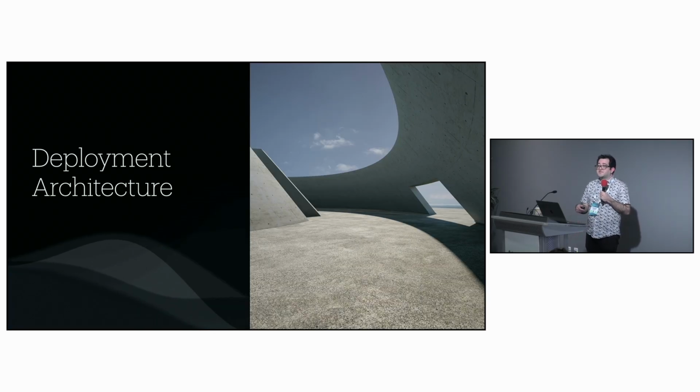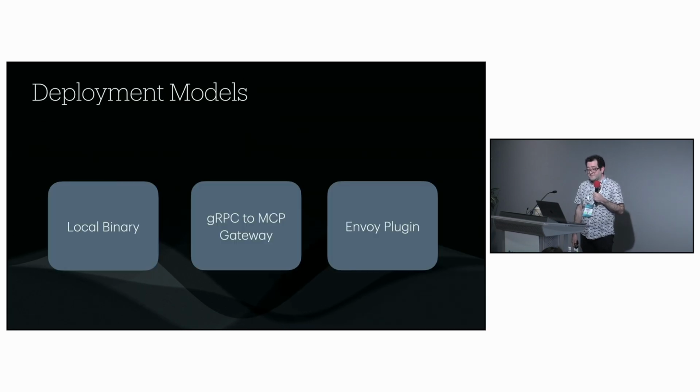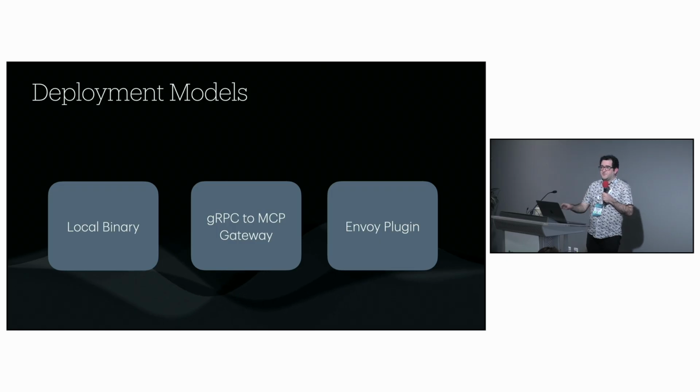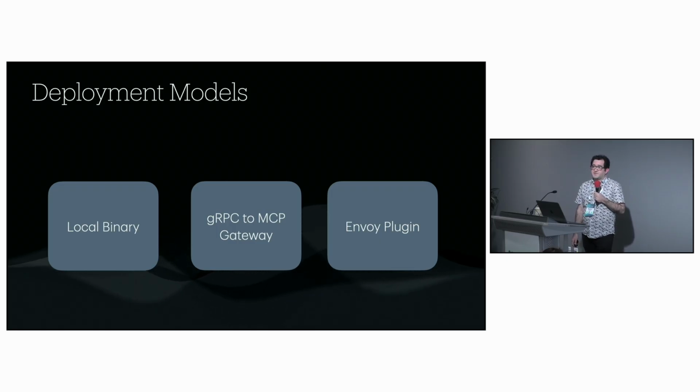So how we can mix up the two and essentially expose our gRPC services that are running in our infrastructure as MCP. So we have three deployment models. One is a local binary, which is essentially an STDIO server, MCP server, that talks over gRPC to a server somewhere else.